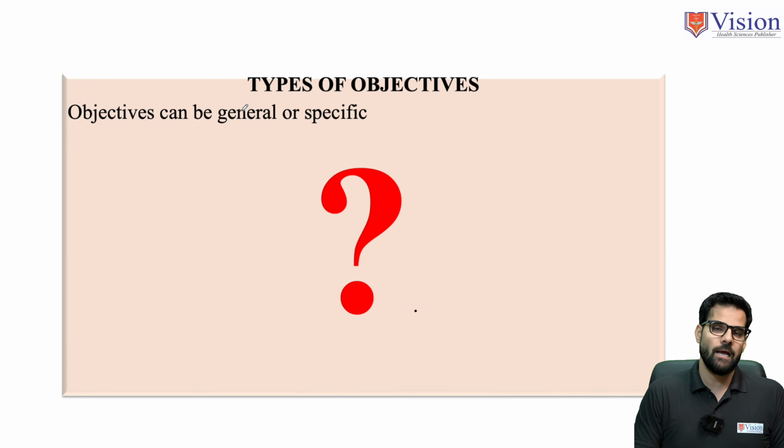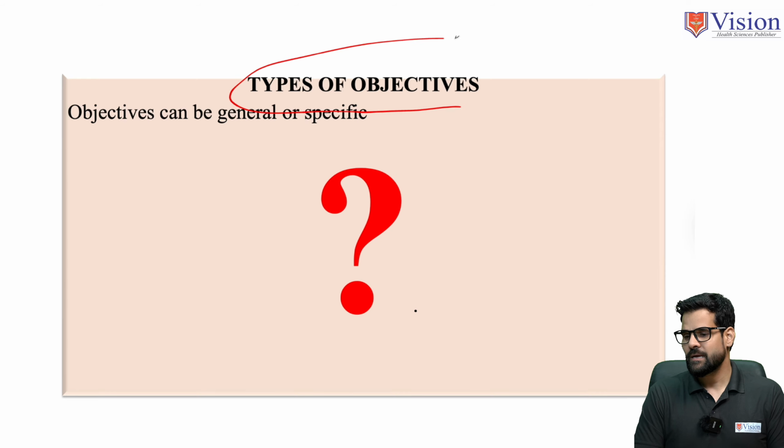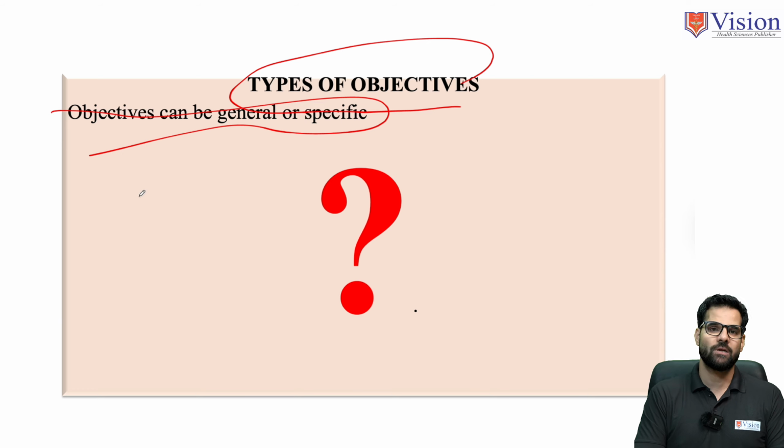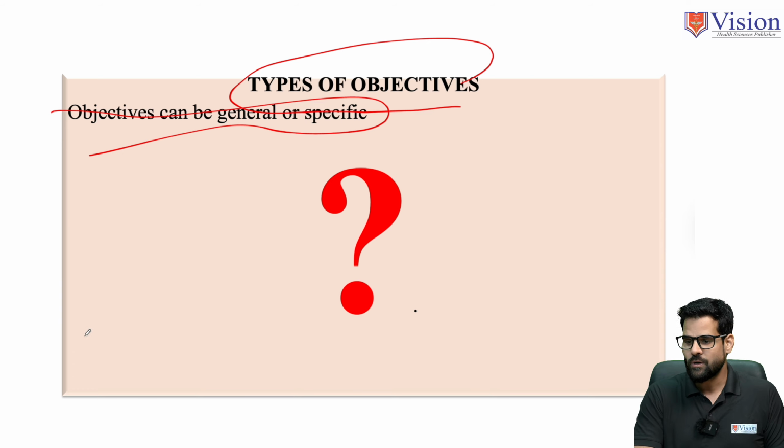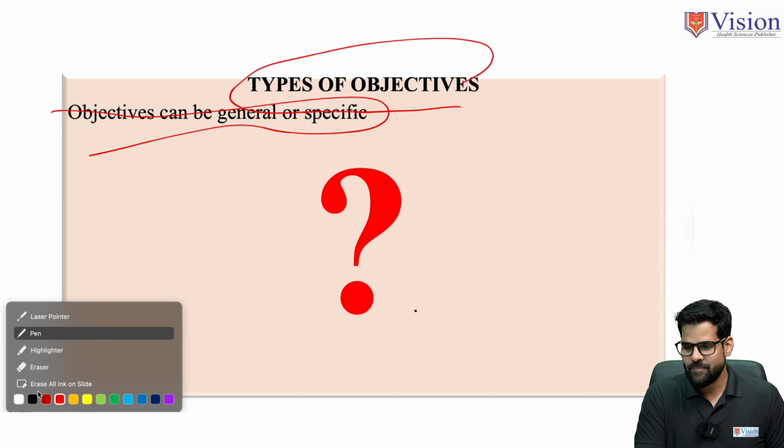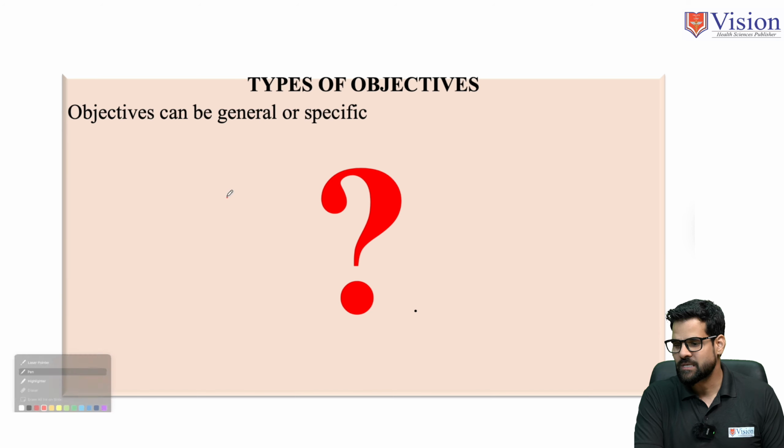Now the next and a bit controversial topic: what are the types of objectives? Okay, so objectives can be general or specific. This is said very often, that objectives can be general or specific. So I personally say that objectives can never be a general one.